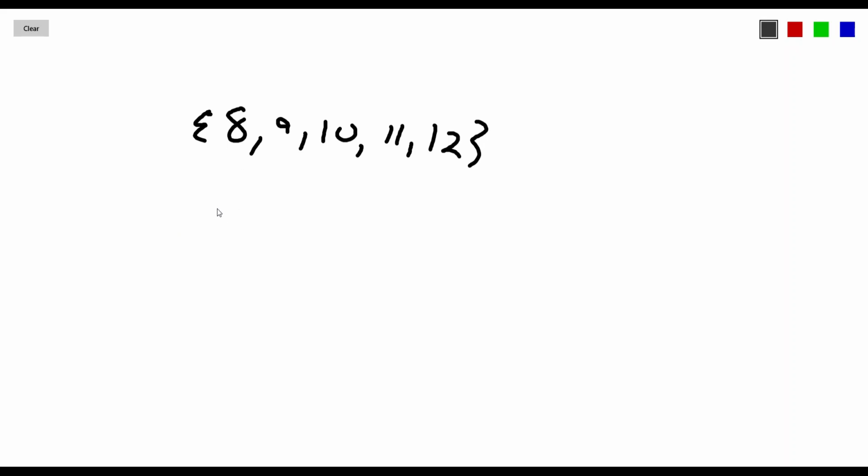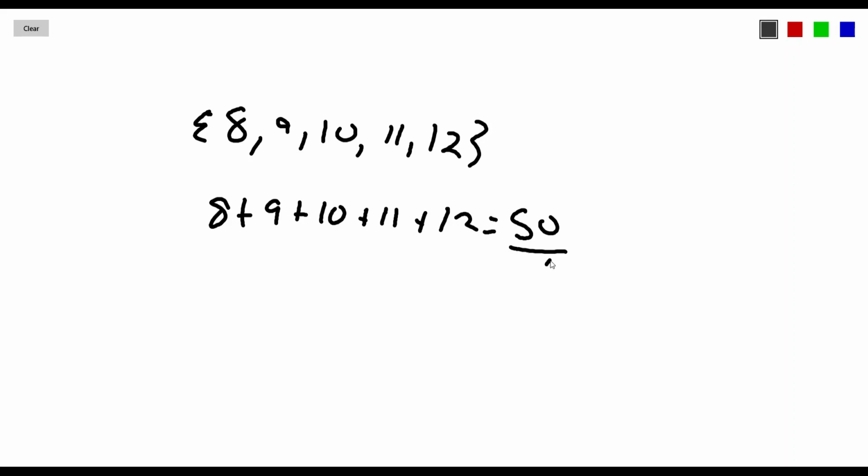Again, we need to find the mean of that. So 8 plus 9 plus 10 plus 11 plus 12. You should get 50. Again, mean, you're going to take the average. So you divide it by how many numbers there are. So 50 divided by 5. And that gives us 10. And so that equals our mean.